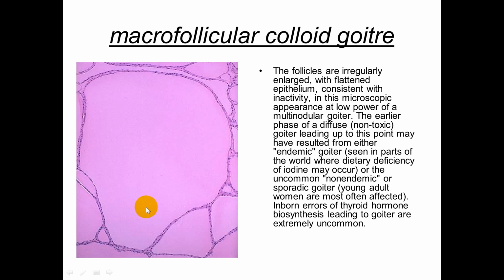The early phases of the diffuse, non-toxic goiter leading up to this point may have resulted from either endemic goiter, seen in parts of the world where dietary deficiency of iodine may occur, or the uncommon non-endemic, or sporadic, goiter. Young adult women are most often affected. Inborn errors of thyroid hormone synthesis leading to goiter are extremely uncommon.